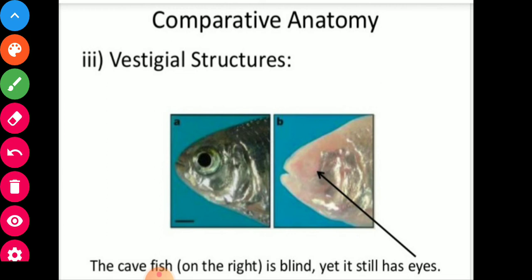Vestigial structure in fish: you can see the cavefish on the right is blind, but it has eye spots. It has eyes, that is vestigial, not its function.